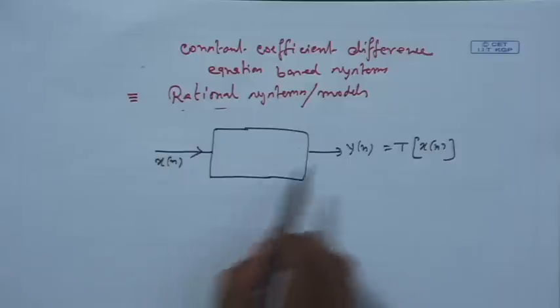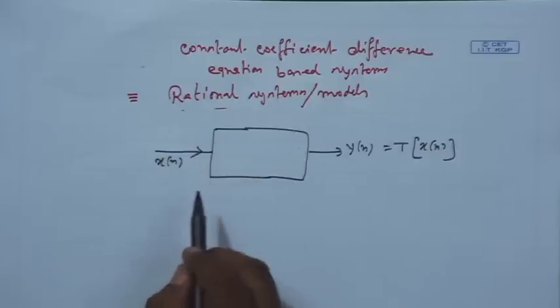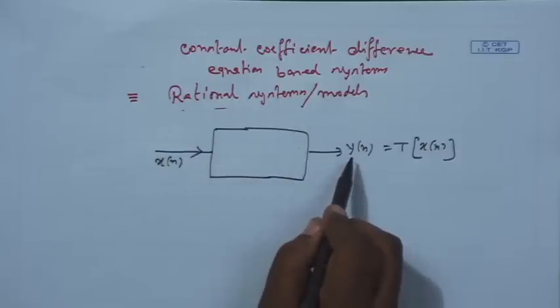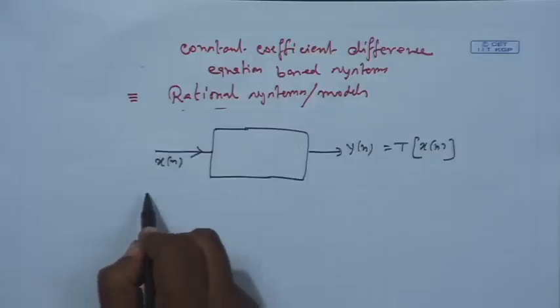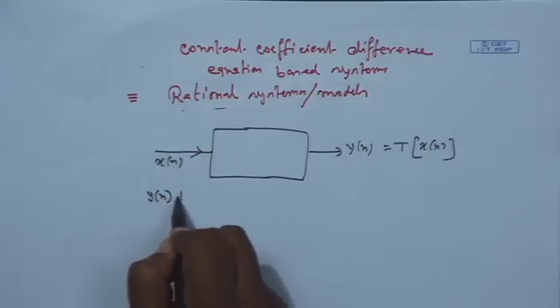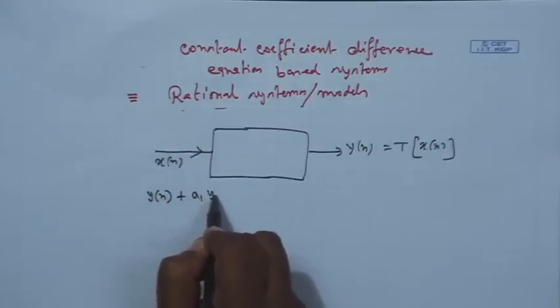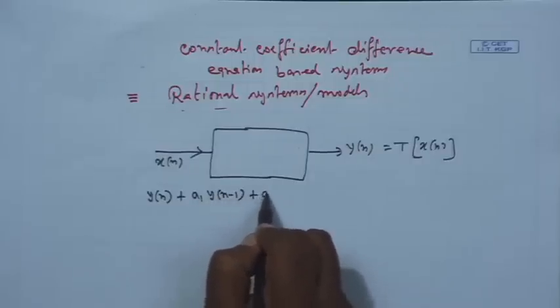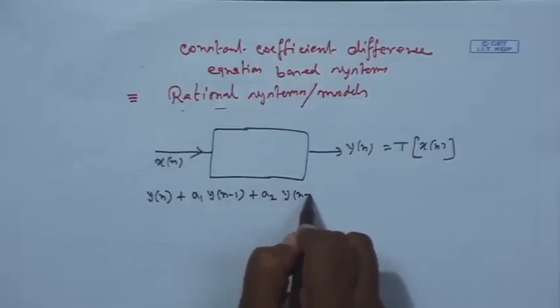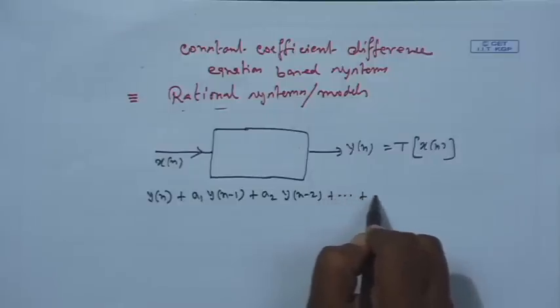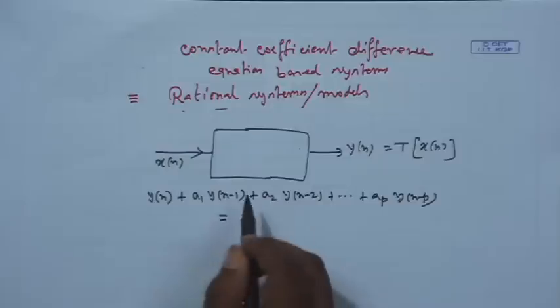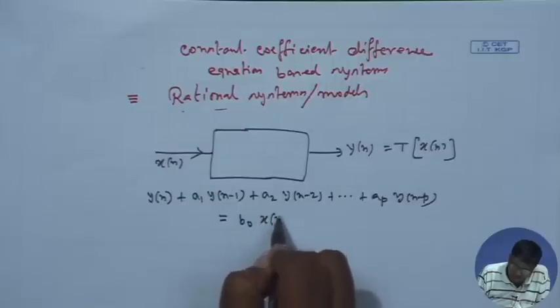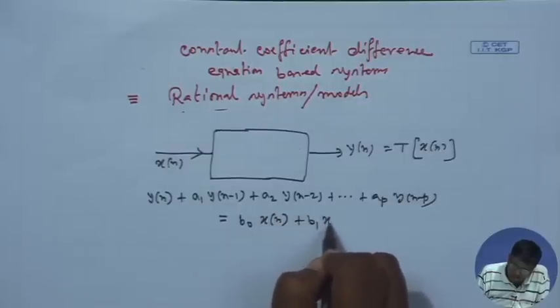Now, it is given this system works in a particular way, that is output and its past samples are related to input and its past samples in this manner. y n, then a constant coefficient a 1 times y n minus 1, then a 2 y n minus 2, dot dot dot, a p y n minus p is equal to b 0 x n plus b 1 x n minus 1.